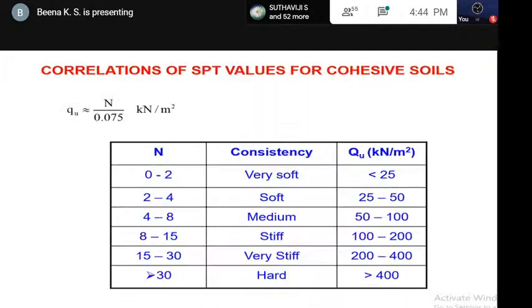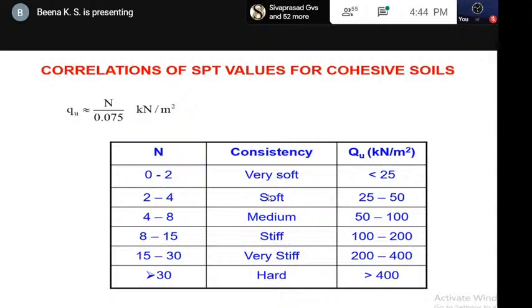Here, this is the SPT value for cohesive soils. The unconfined compressive strength, qu, is related to the N value as N divided by 0.075, in kilonewton per meter square. This chart is prepared on that basis.